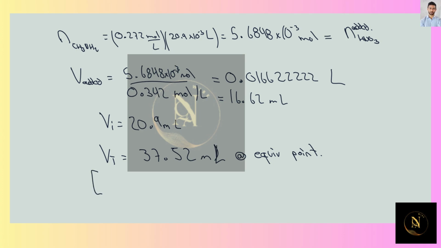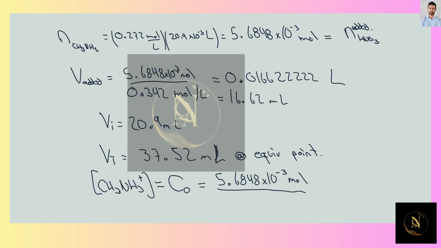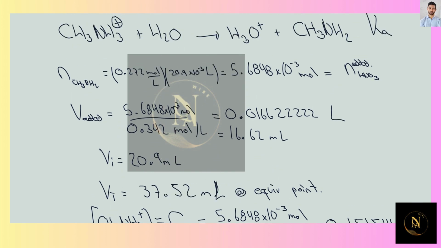Thus, the initial concentration of the methylammonium ion would be equal to the amount of moles that we just calculated, because that is the maximum amount that is going to be produced, divided by this volume in liters, which gives us an initial concentration of 0.1514 molar. This is going to be our value of C0.